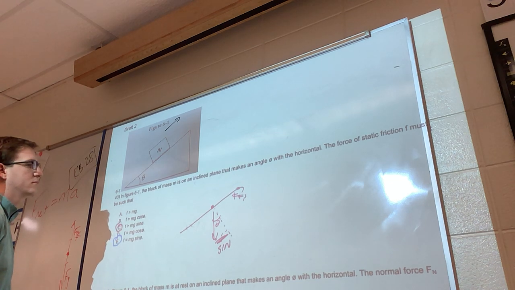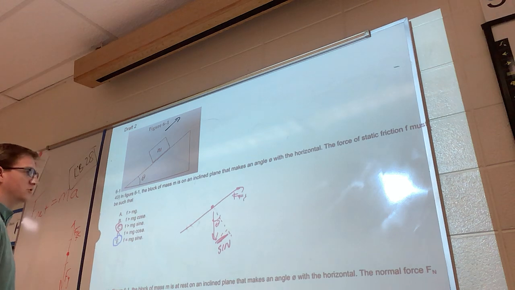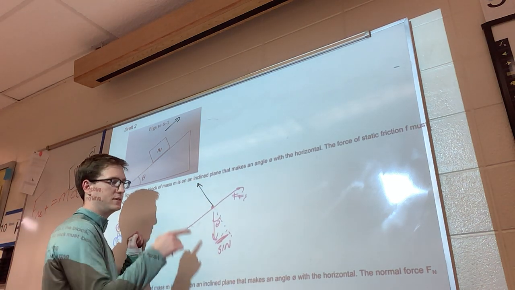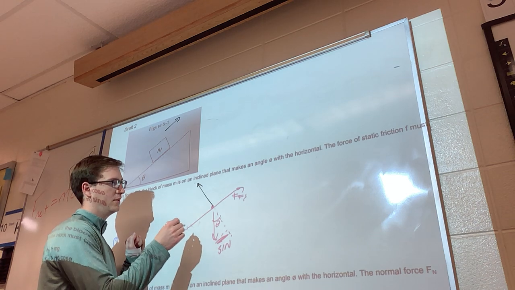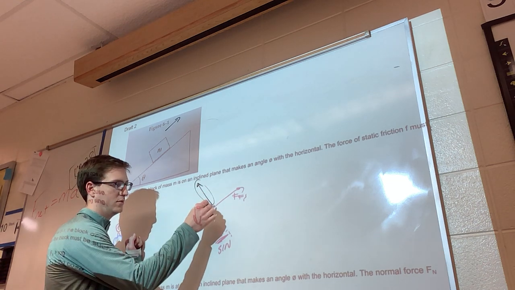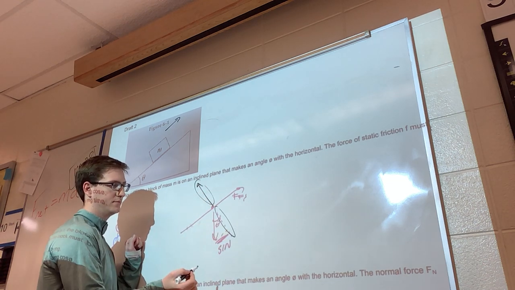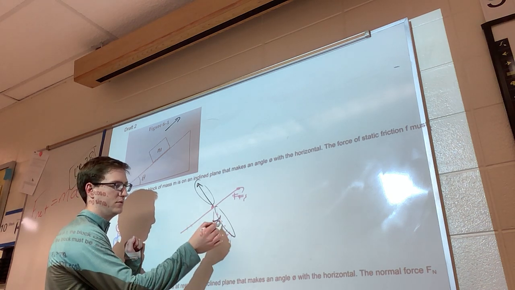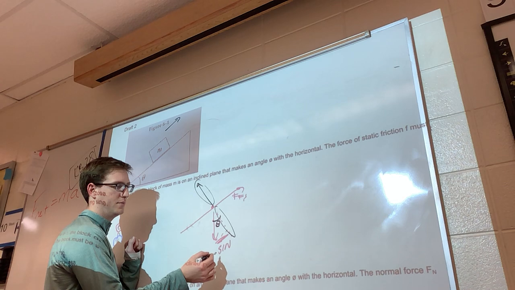The normal force would be perpendicular to the plane. So the normal force is right there, which is balancing with it. That force, is that going to be sine or cosine of that angle? Cosine.